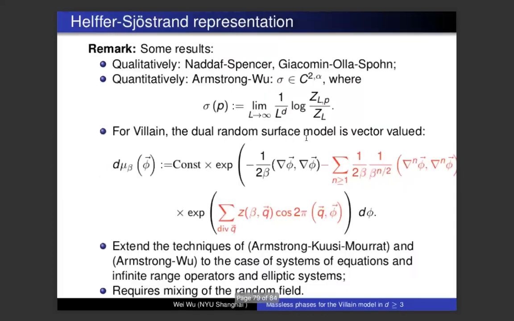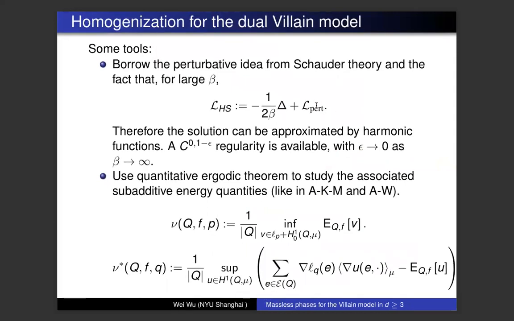And then there is this complicated mass, which comes from all these smaller terms. But that's acting like a perturbation. So we can mimic the argument of the Sjöstrand theory to show that the solution with this complicated operator on large scale can be approximated well by the harmonic function, which just solves this operator.